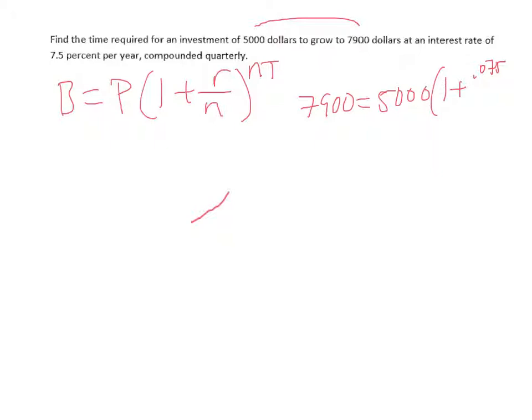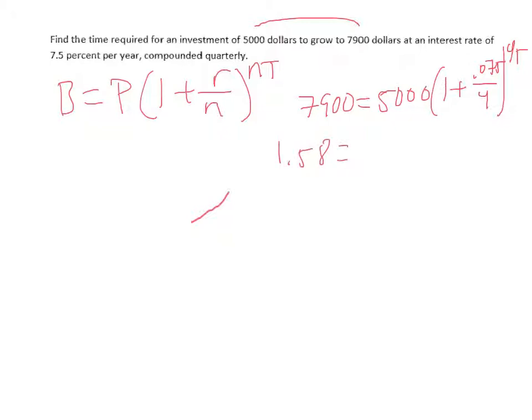0.075 divided by 4 raised to the 4 times t, or the 4 times x. So that's our setup. So when I divide 7,900 by 5,000, when I did this earlier, I got 1.58.